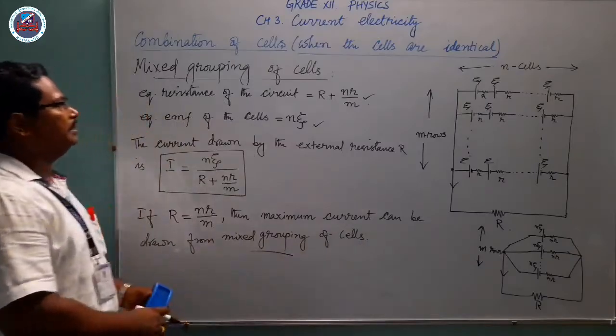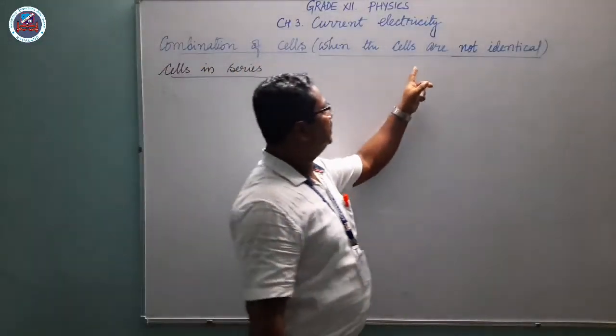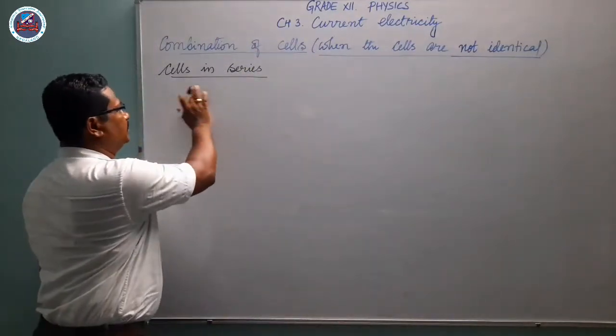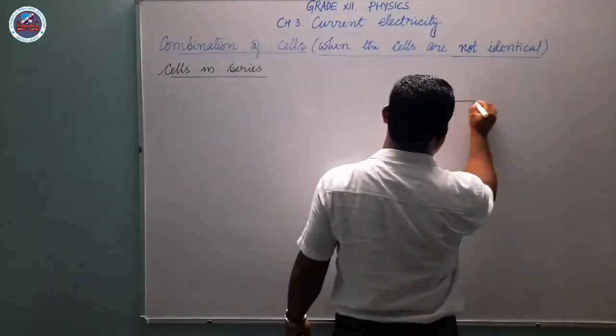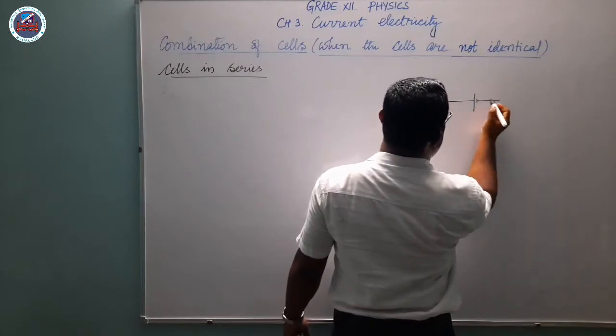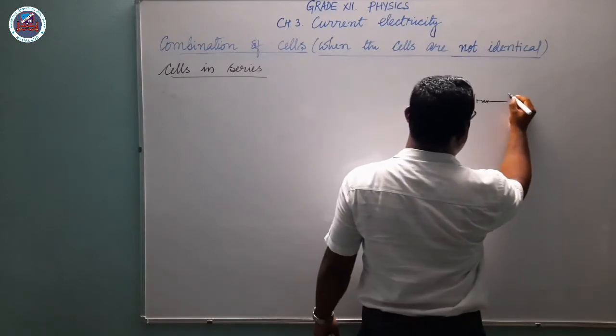Now let us discuss this combination of cells when the cells are not identical. Here first of all let us talk about cells in series. For series, let us see first.